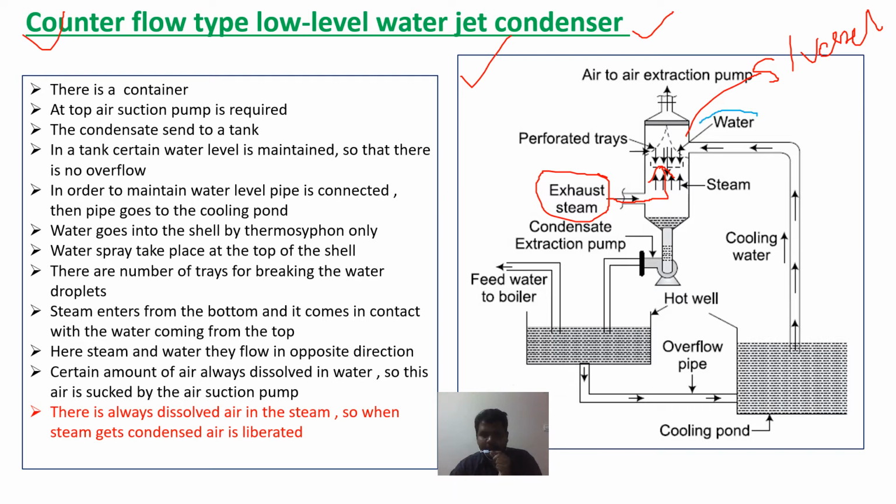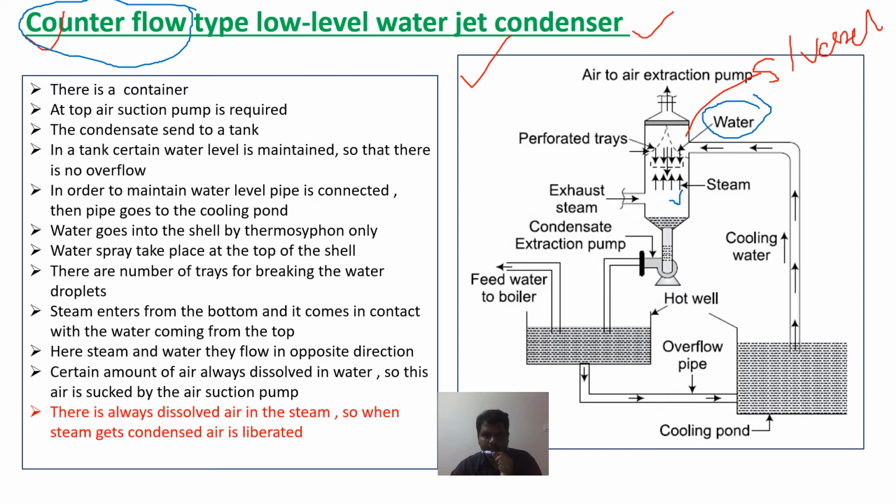At the top the water enters the vessel and moves downwards. Since both are moving in opposite directions, it is known as a counter flow type jet condenser.